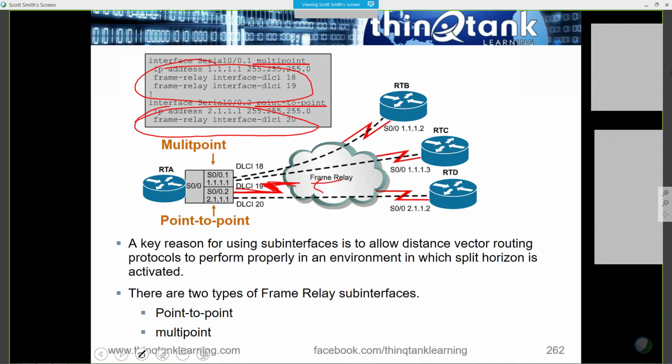So when you have sub-interfaces, you have to map your del Cs to your sub-interfaces. Otherwise, the router's going to get confused. It's not going to know what del C goes where. If it was a physical interface, you wouldn't have to worry about it. But because sub-interfaces are separate, you have to tell the router which sub-interface gets what del C.